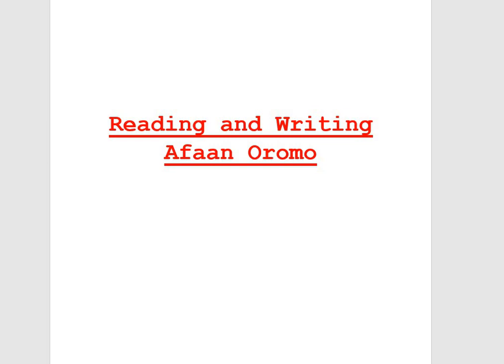We have seen the alphabets earlier in our videos. We have seen some rules on how to write and read Afan Oromo, and we will continue in that series. Today we are going to see some of the rules that we were talking about in the last video.